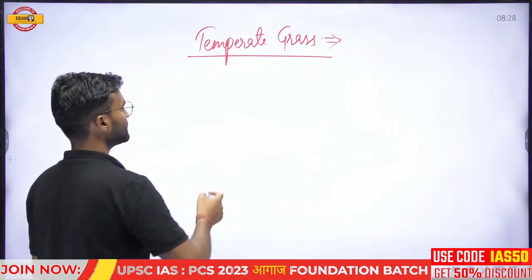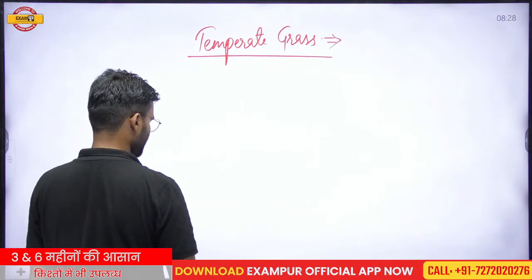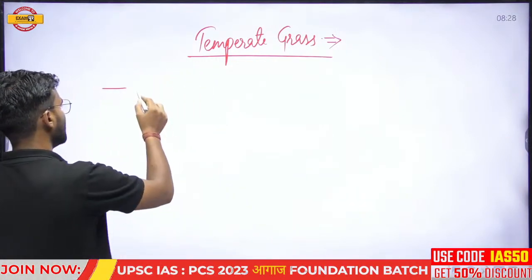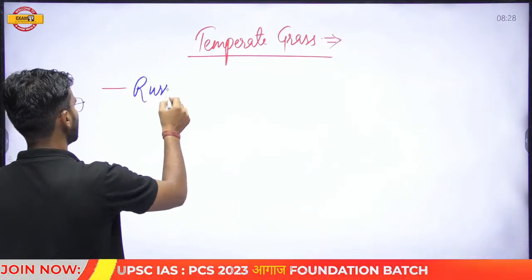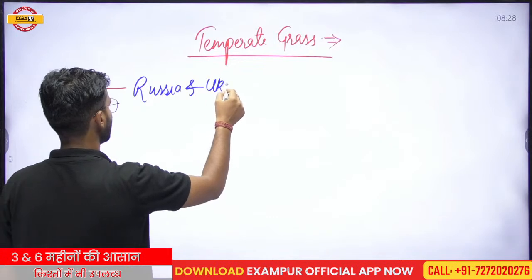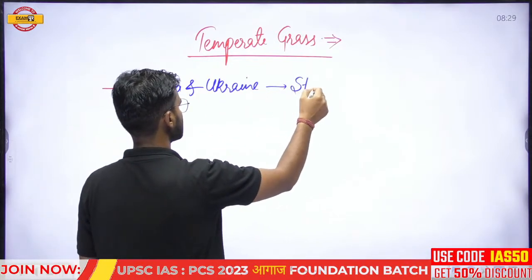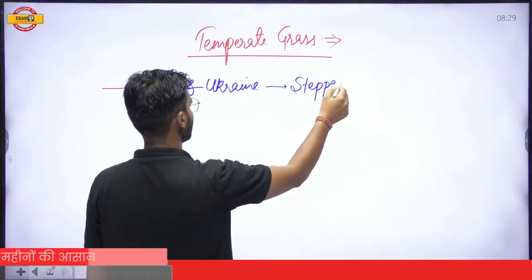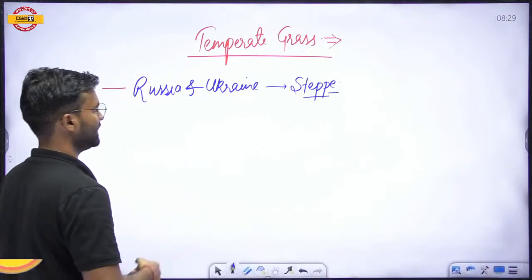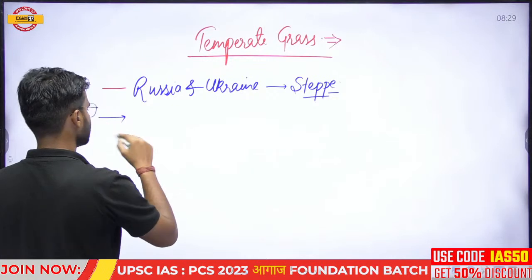So temperate grassland is known by different names at different regions. If such type of grass is found in Russia and Ukraine, then it is termed as the steppe grass. On the name of this grass, the whole climatic zone is named steppe.